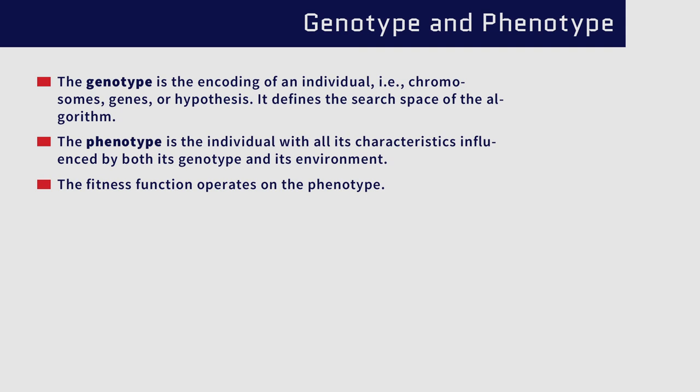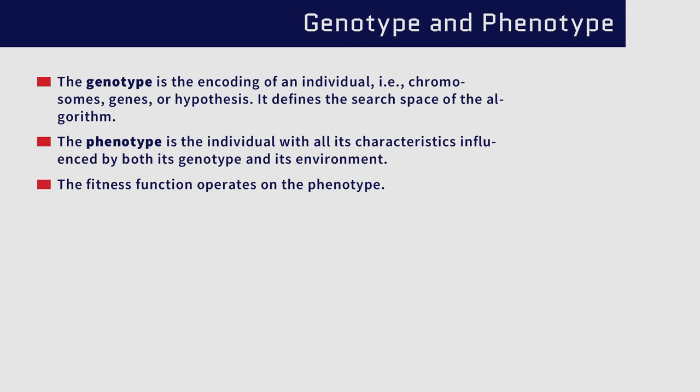Once we have defined how a chromosome encodes an individual, we are in a situation similar to biology, where the genotype of an individual is the set of genes it carries, while its phenotype is all of its characteristics as determined by both its genotype and its environmental influences as an individual. Whatever the encoding is, the genetic algorithm works with the genotype and manipulates the hypothesis, and we call the encoding of an individual its chromosome, genes, or genotype indifferently.